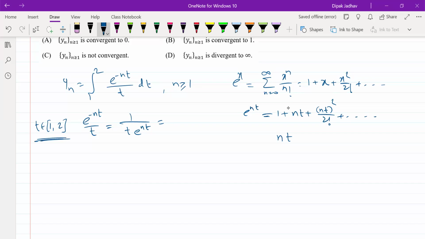Can I say e raised to nt will be bigger than or equal to nt? With this in mind, we can say this is less than or equal to 1 upon t into nt. Is that okay? Inequality.